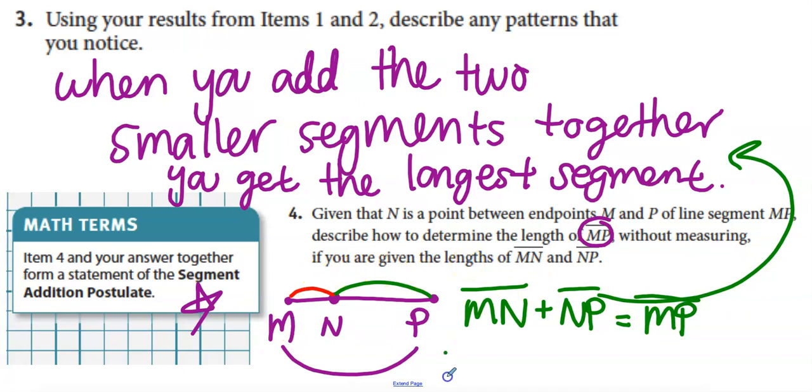So a trick is part plus part equals whole. Okay, so one part plus the other part is going to get you to your total whole segment. Okay, and that is the segment addition postulate, which is what we're learning today. So let's get to some practice with some numbers in algebra.